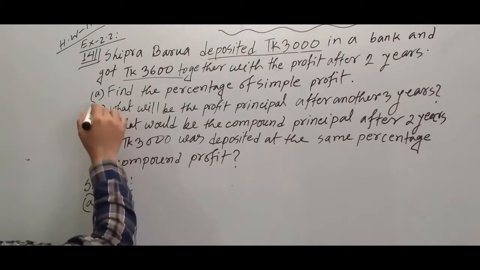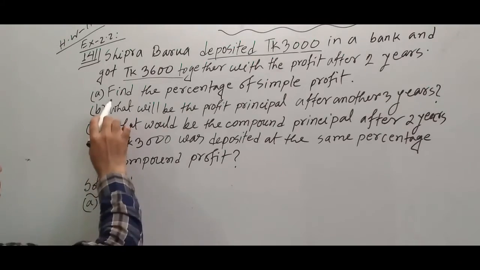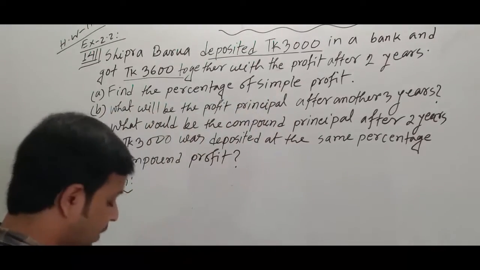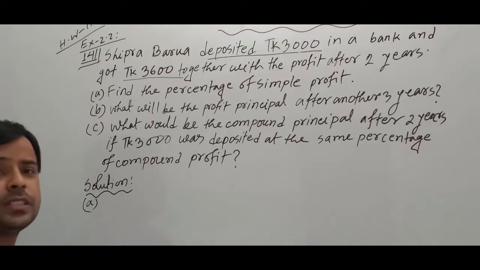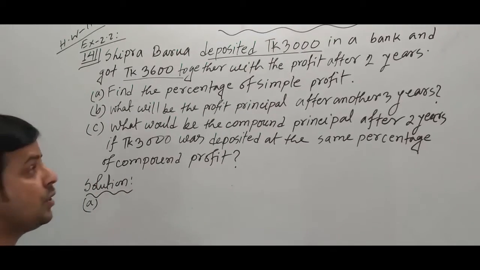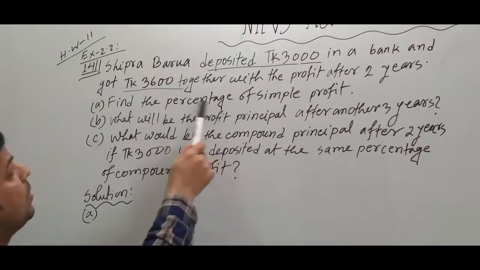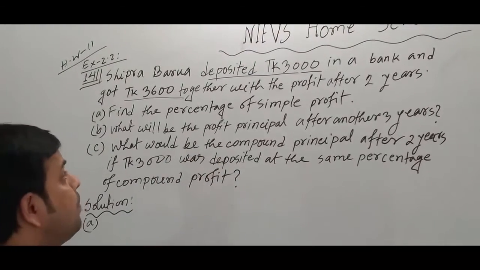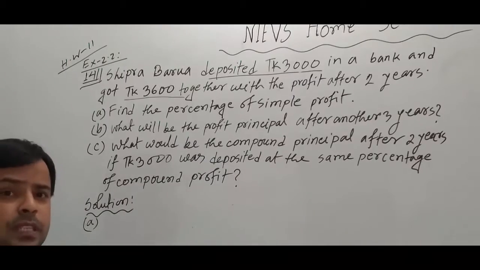Okay, dear students, we need to solve the first question now. Find the percentage of simple profit. Dear students, you know the formula of determining the percentage or rate of simple profit.